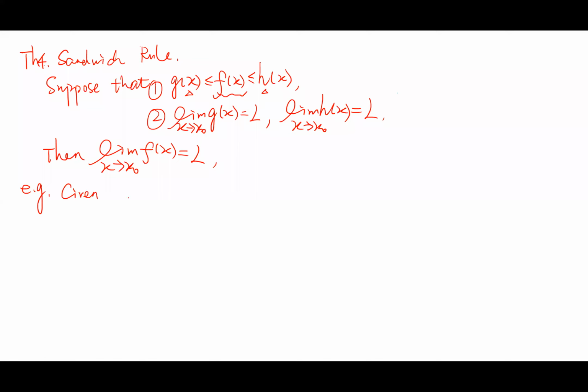I gave you the relation: 1 minus x squared over 4 is smaller than u(x), which is smaller than 1 plus x squared over 2, for all x not equal to 0.